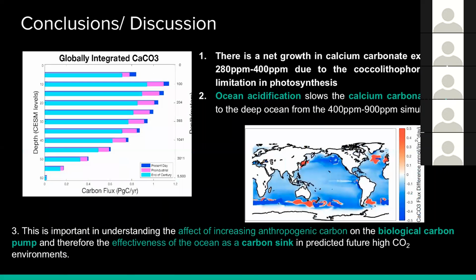And so what I would like to leave us with is that increasing carbon in the atmosphere will lead to our carbon sink of the ocean becoming less effective because it's not able to take in as much carbon. However, the 900 parts per million is a very scary concentration.